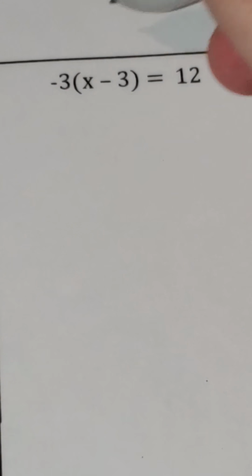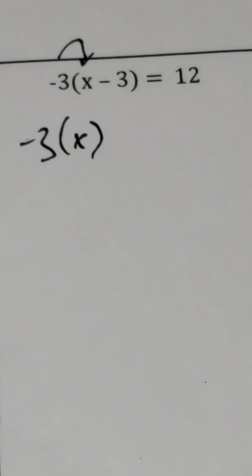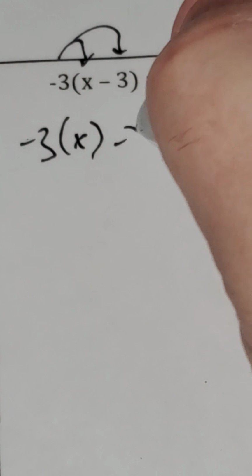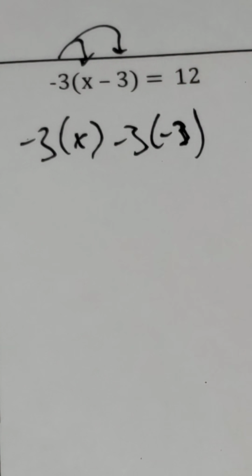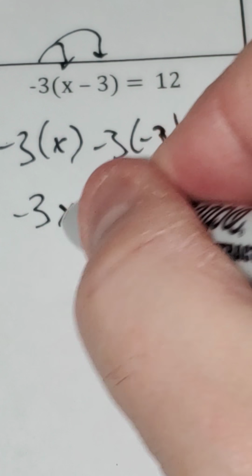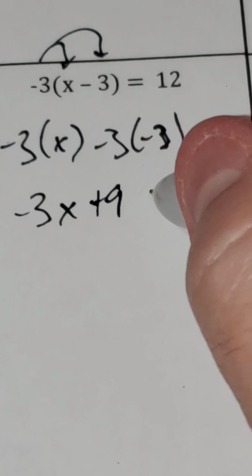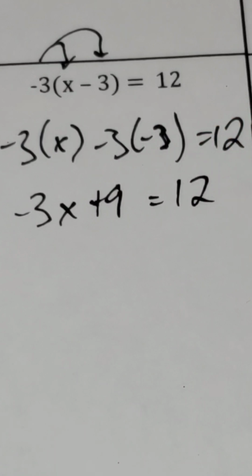Next problem, distribute this -3. So -3 times x. And then the -3 times the -3. And bring down the equals 12. -3 times x is -3x. -3 times -3 is +9. And this equals 12.